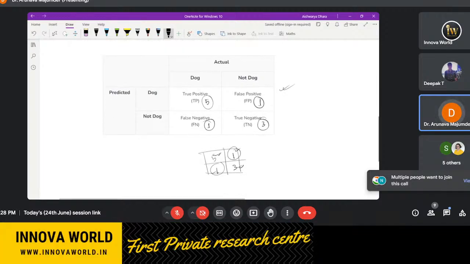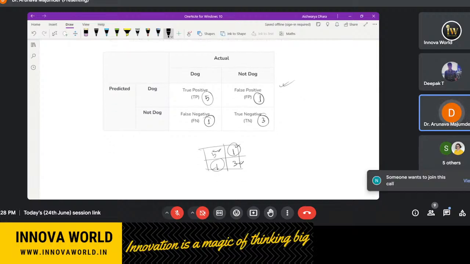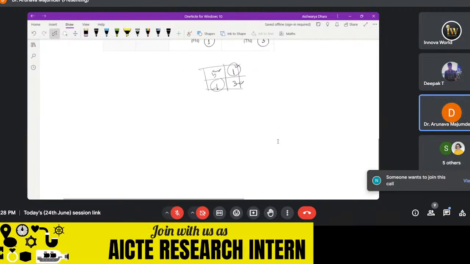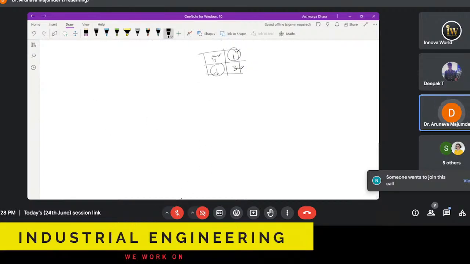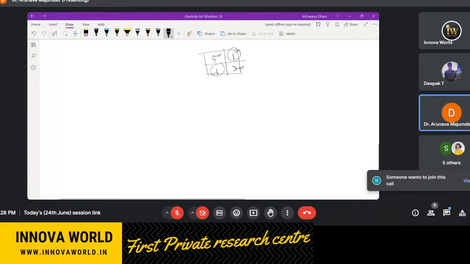Python code is also there. I will show the Python code, including what kind of packages should be installed and how to create this matrix. After that, there is some error analysis you must do after creating the confusion matrix.